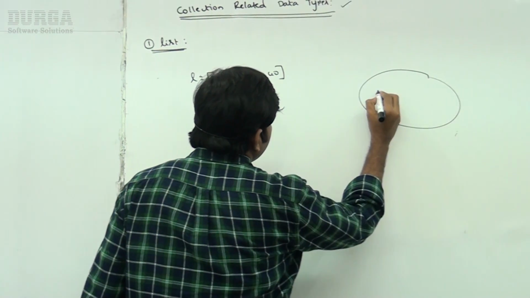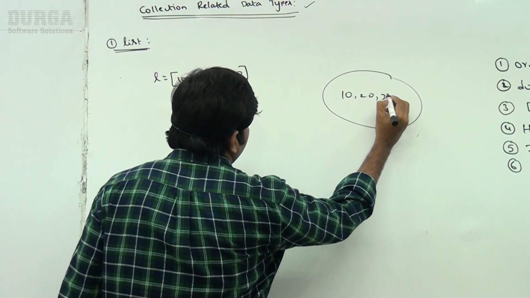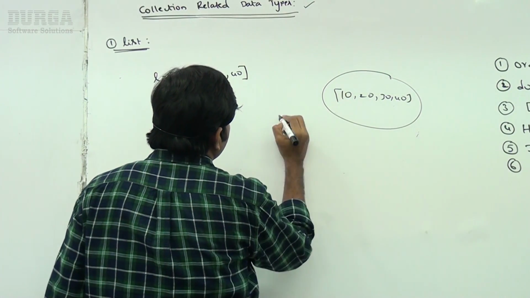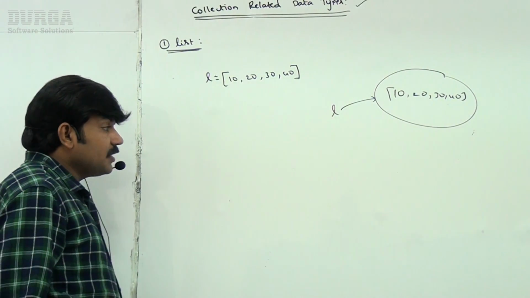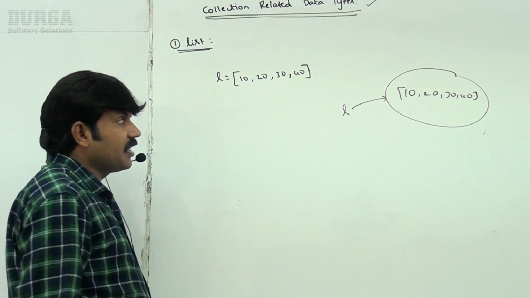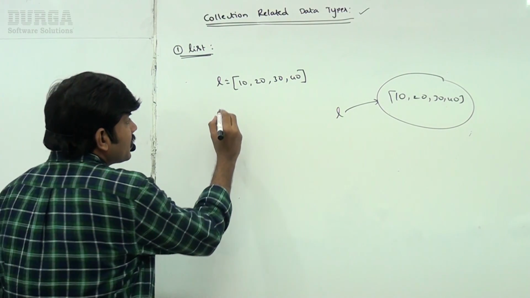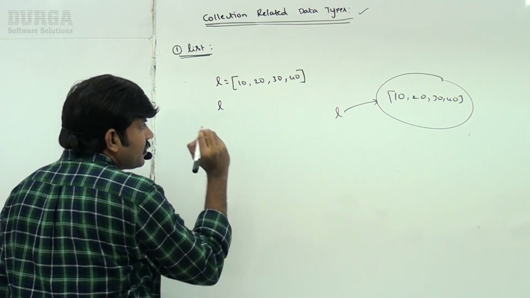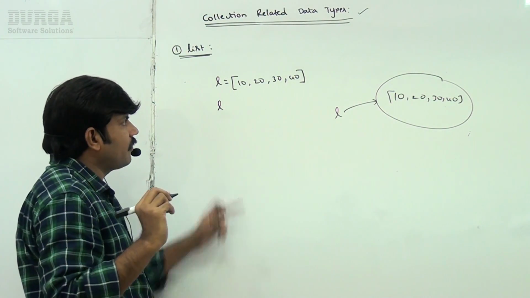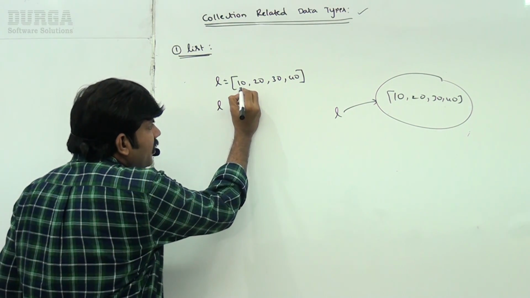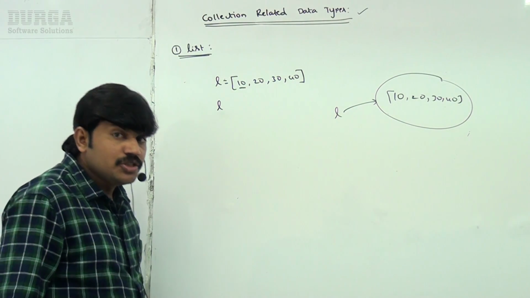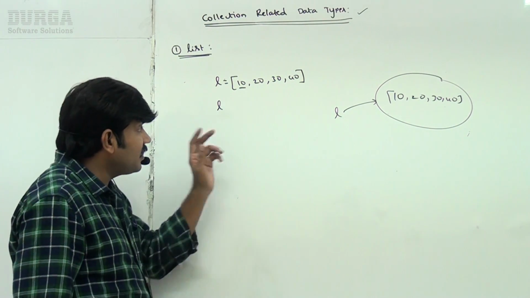That's why here 10, 20, 30, 40 like this I am taking. L is the reference variable, right? Now my question is, take very special care about this one. I thought that I want to replace the 0th element. The 0th element is nothing but the 0 index element, which is 10.